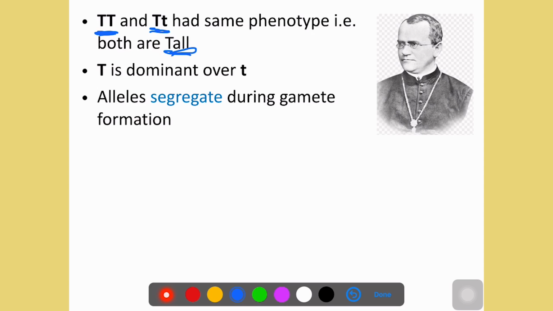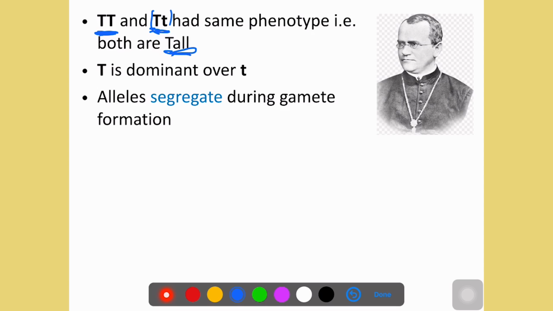Now based upon that, you can clearly see that when 2 different alleles are present, in heterozygous condition, one of the alleles gets to express whereas the other one is suppressed.